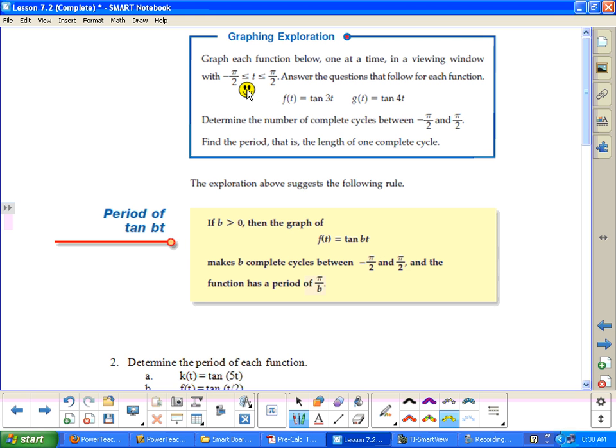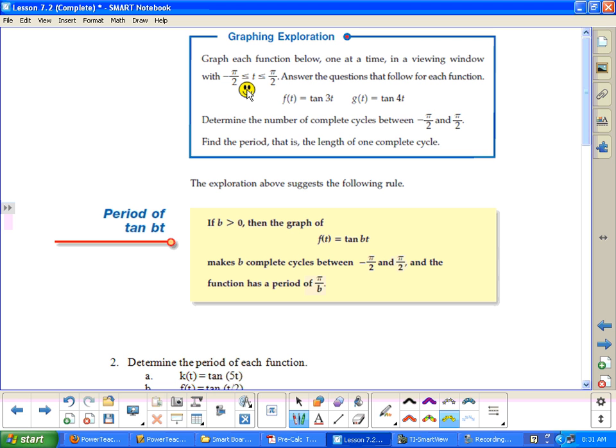How far is it from negative pi over 2 to pi over 2? Let's see, how far is it from negative 1/2 to 1/2? Or pi. So we're talking about a length of pi here.